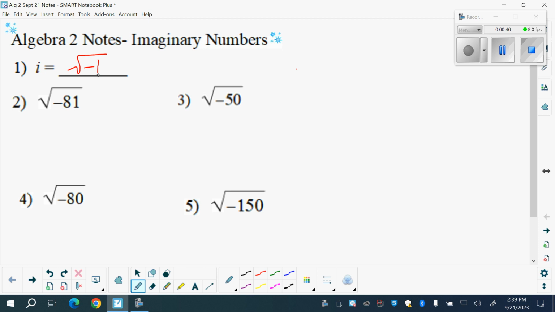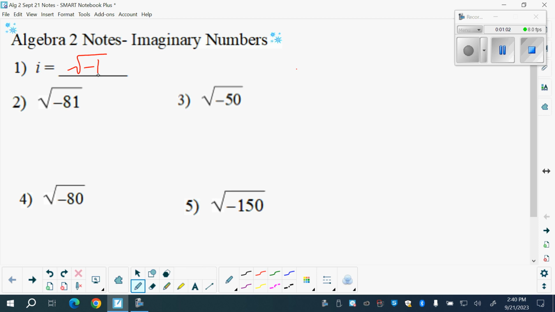Essentially, it creates another plane. I'm told that that's one of the ways that our cell phones work, is with imaginary numbers. So i is equal to the square root of -1.